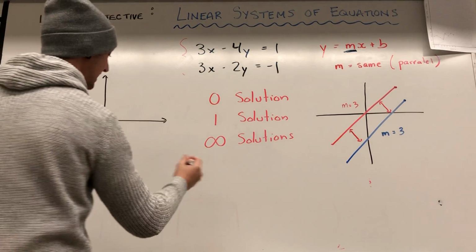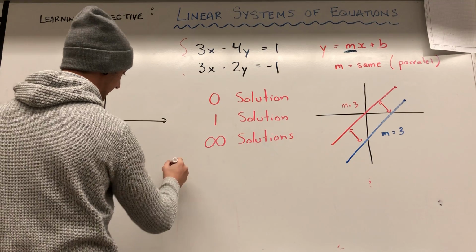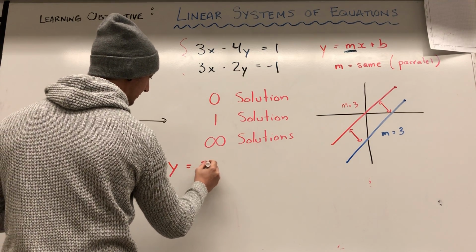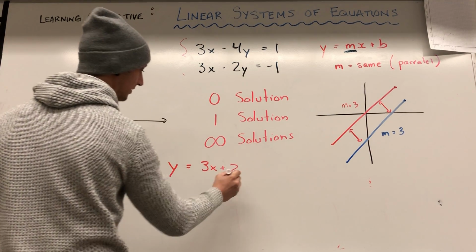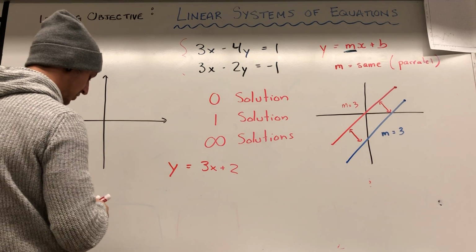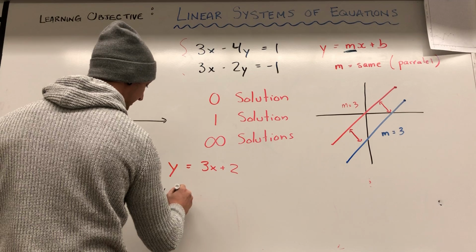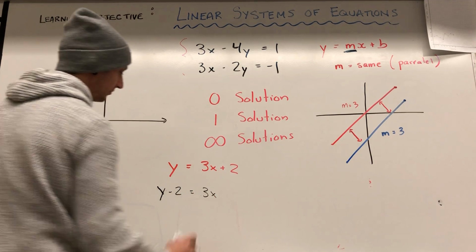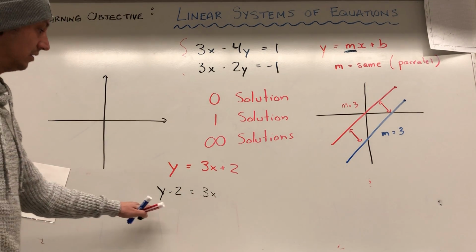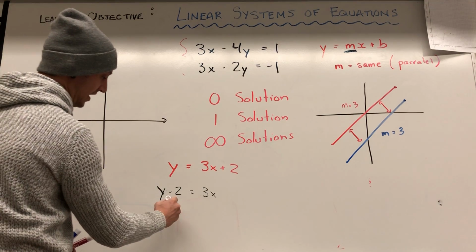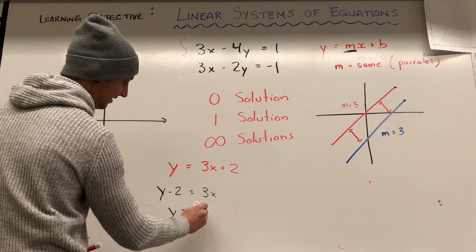So say we were given an equation like y is equal to 3x plus 2, and then the other equation of the line is something like y minus 2 equals 3x. Well, if I were to isolate for y in this one, it would give me y is equal to 3x plus 2.